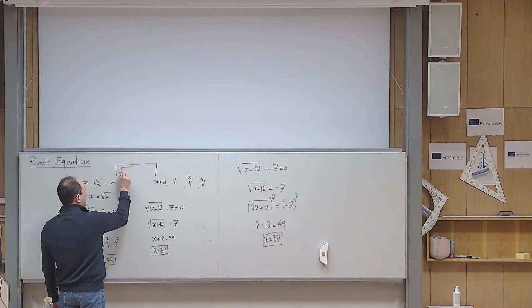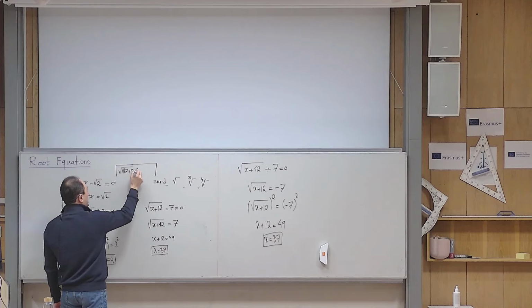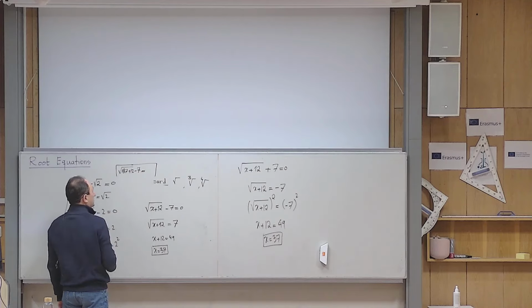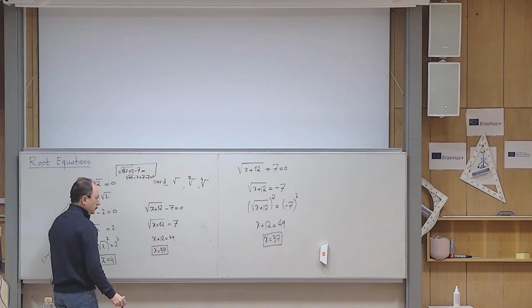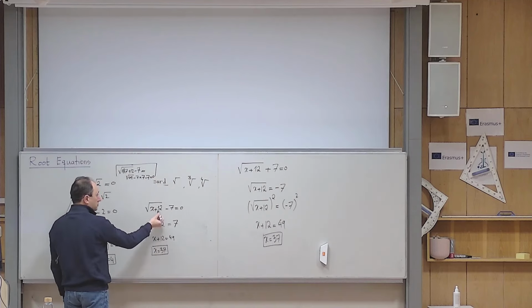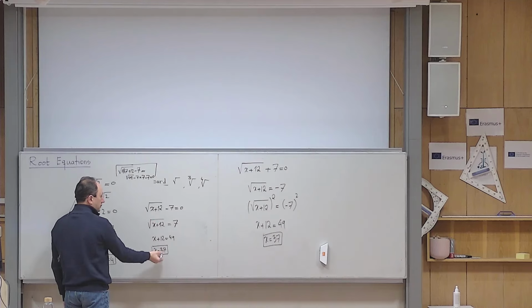It becomes the square root of 37 plus 12 minus 7, and then continue this. This one plus that one is a square root of 49 minus 7. But what is the square root of 49? Is 7 minus 7. It becomes 0. So that is correct.